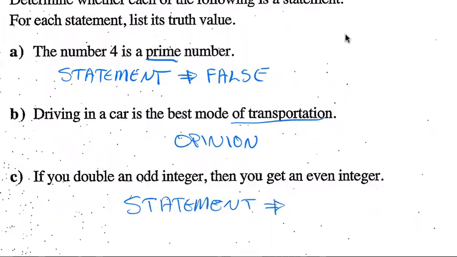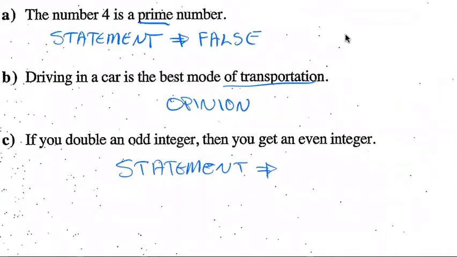If you double an odd integer, an example would be 3. If I double 3, so 3 plus 3 would be equal to 6. This is even. And this can be proven over and over again. Two odds added together would give you an even. So this statement has a truth value of true.